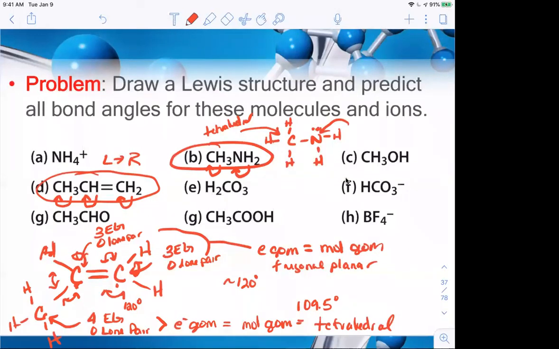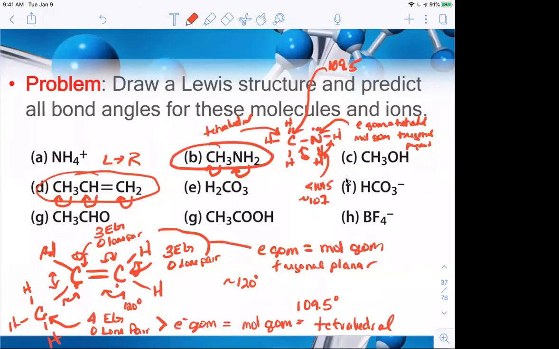This nitrogen is going to have an electron geometry of tetrahedral and a molecular geometry of trigonal pyramidal. So this bond angle between here and those two guys is going to be less than 109.5, probably around 107, like in ammonia. These guys are going to be 109.5. Those are just the regular tetrahedral angles.